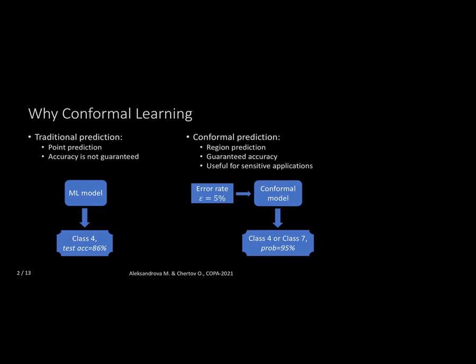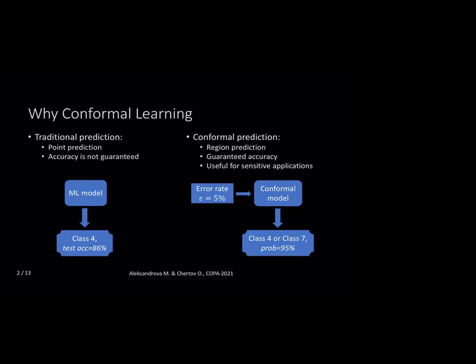And these models are usually accompanied with some test accuracy, which of course we want to increase. However, in some practical applications, it might be very important to be confident in the results of our predictions. And conformal prediction gives us the necessary solution.